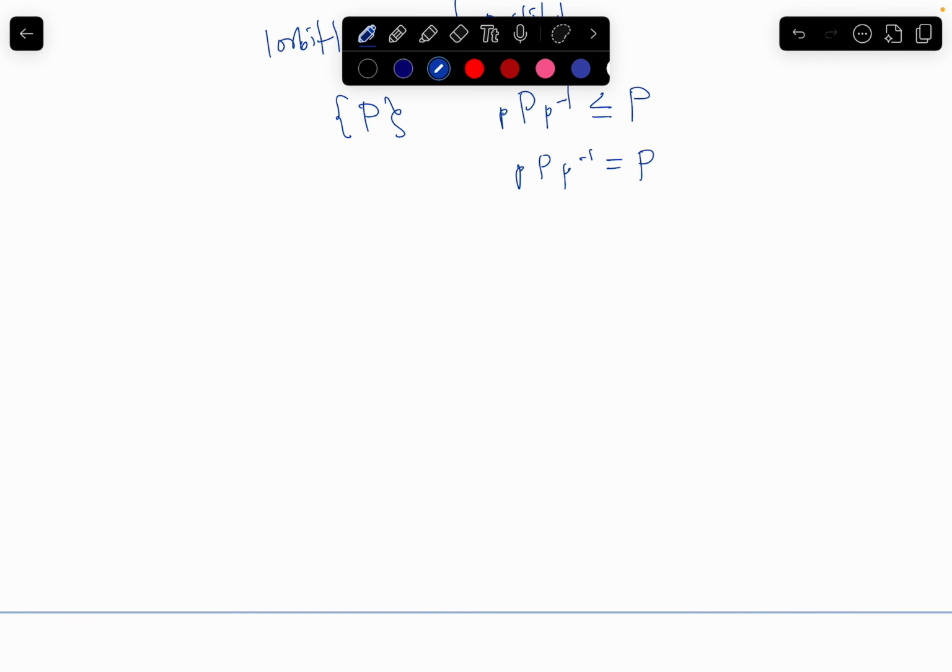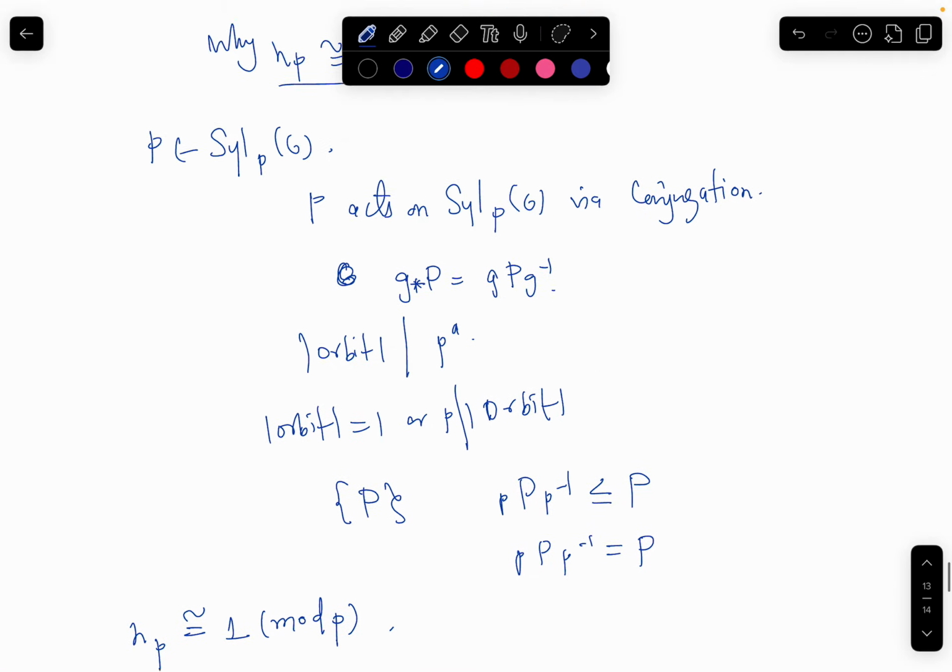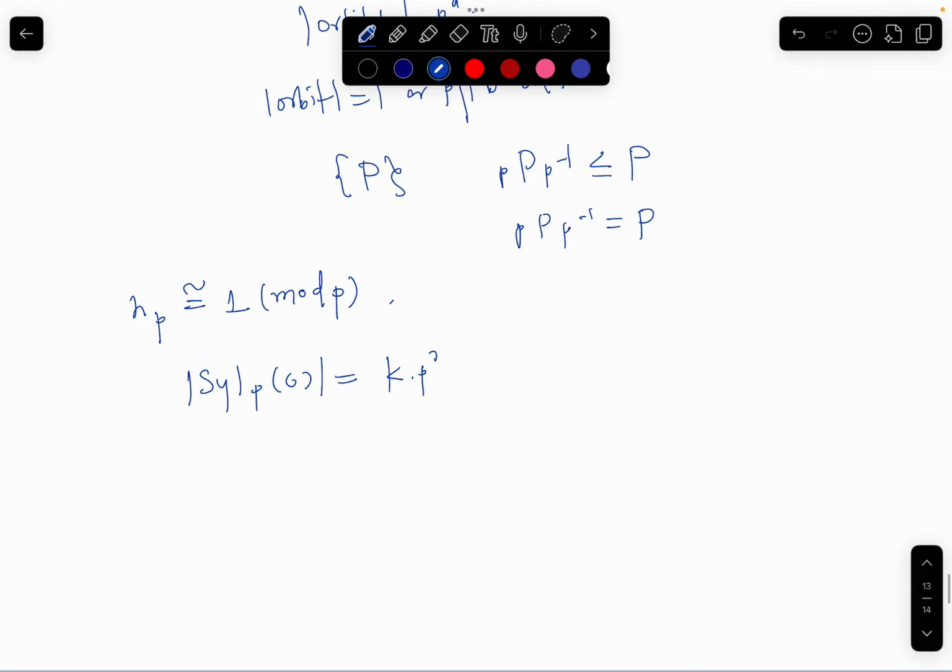so the size of that orbit is actually 1. So to show that the number of Sylow P subgroups is congruent to 1 modulo p, what we have to understand is that the number of Sylow P subgroups is some k times the size of an orbit, where the size of an orbit is some p power n.